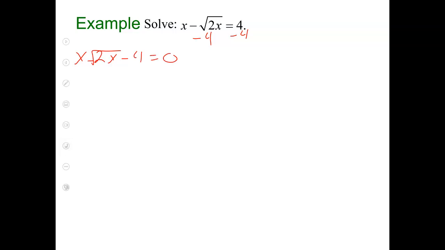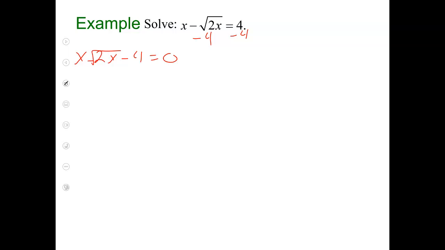Because I can't square both sides yet. What do I have to have before I can square both sides? What do I need to accomplish first? Something with a radical. Before I can square both sides. Be positive.